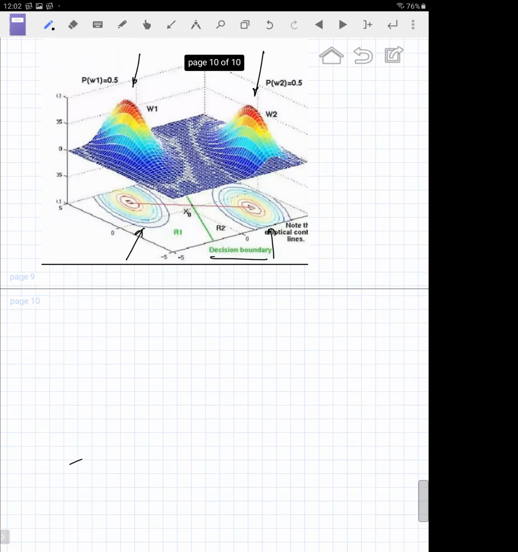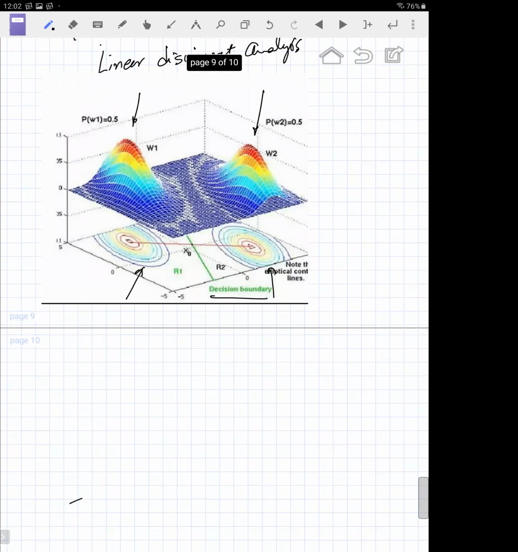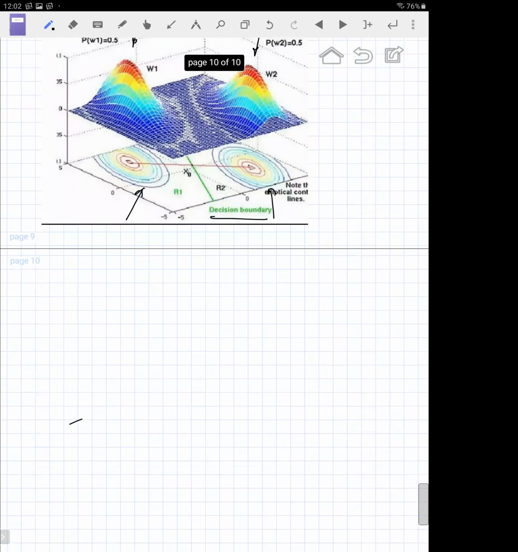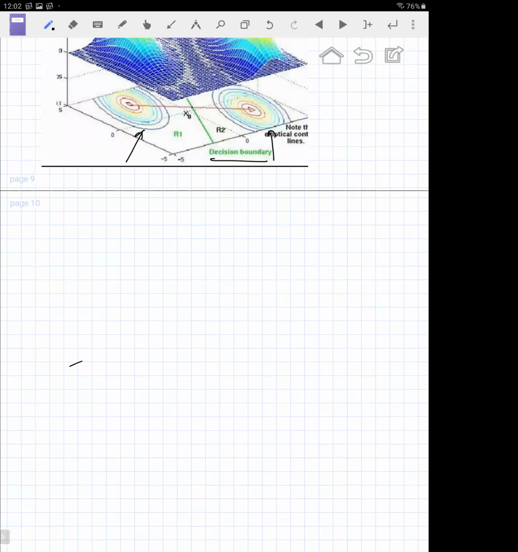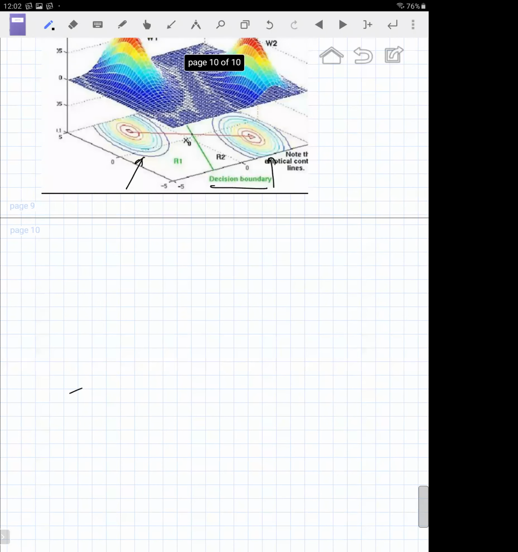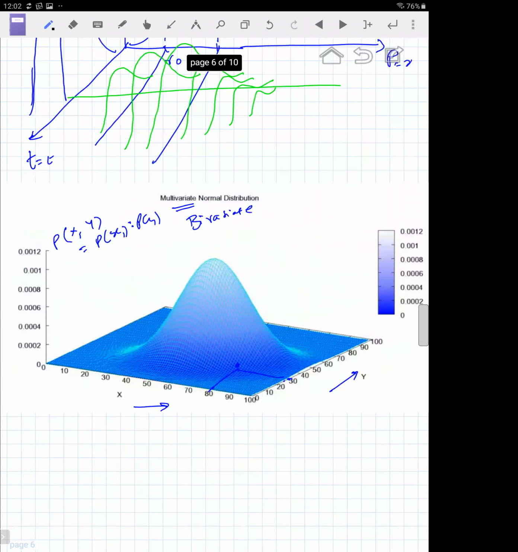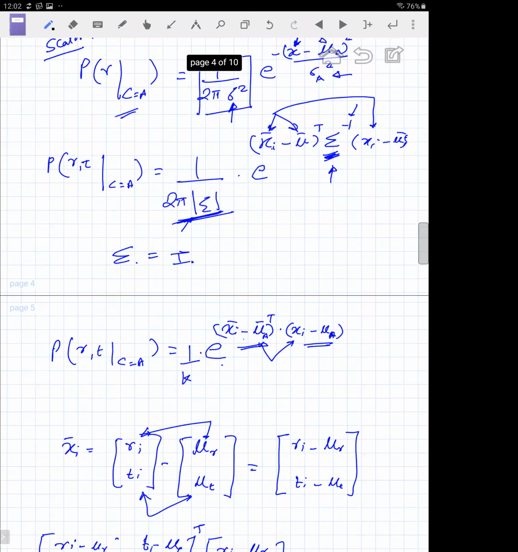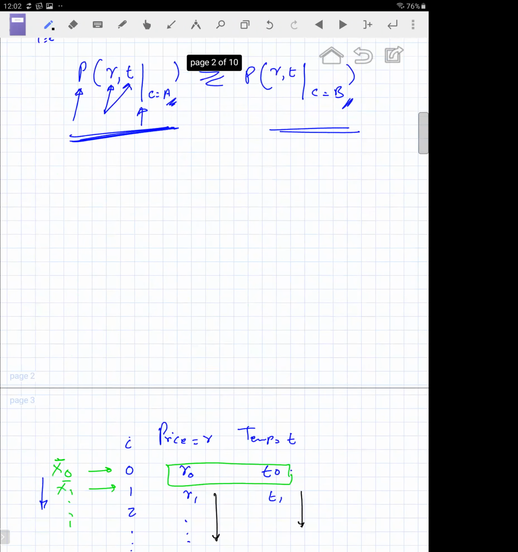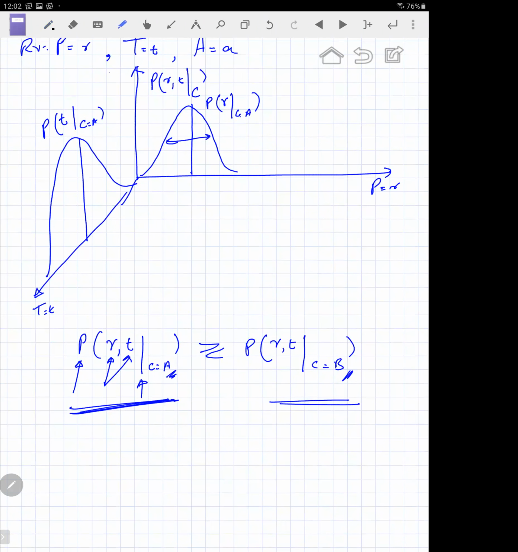We are seeing these beautiful pictures, but we still haven't constructed the maximum likelihood decision rule, which is going back up over here. Let's just copy this.